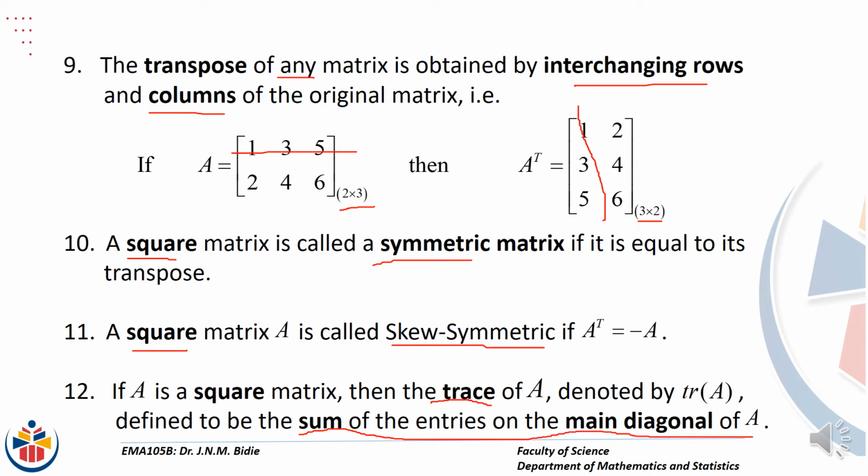That's it. You just add the entries on the main diagonal. Note that the matrix has to satisfy the condition that it must be a square matrix. So you cannot find the trace of a matrix that is not square.